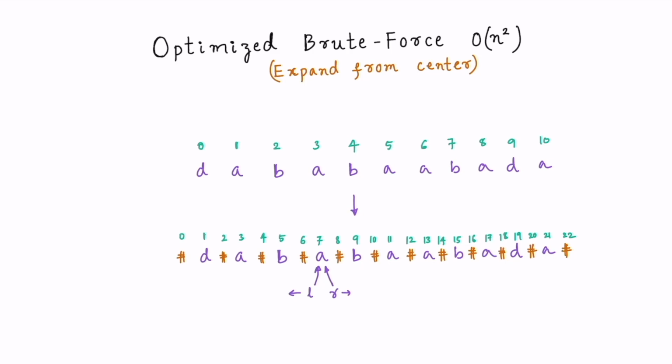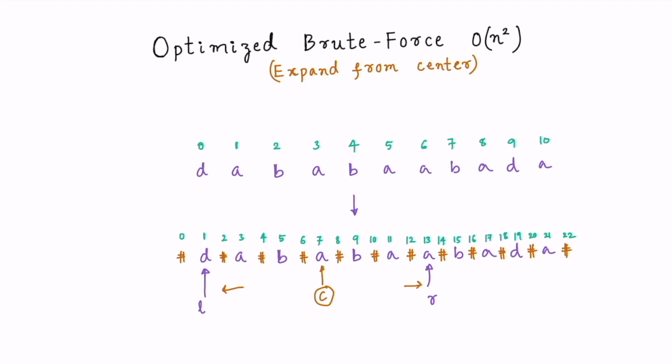L and R are equal right now, so we move them to the left and the right by one step. L and R are still equal, and we repeat this process. When we expand L all the way to over here, and we expand R all the way over here, we started from the center character.